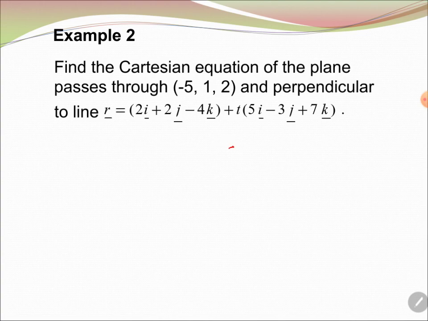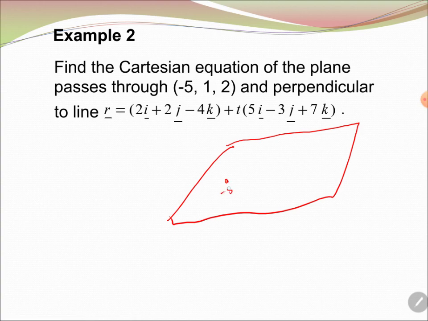So, we have the plane that contains a fixed point (-5, 1, 2). And this plane is perpendicular to the line r equal to ... So where is the line? The line can be here. So this is the line, and the line is perpendicular to the plane.